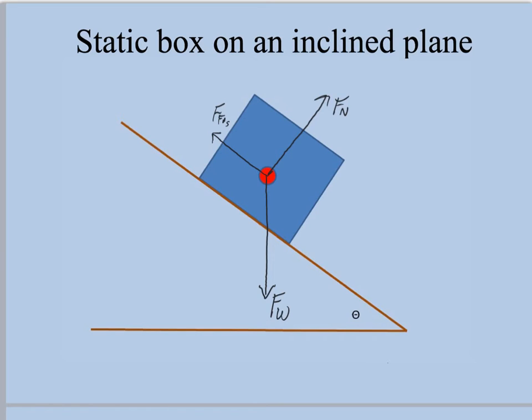Now this brings up one tiny thing that we have to deal with on inclined planes. Because the weight vector is not pulling directly down on the box relative to the surface it's sitting on, we have to consider the components of the weight vector. In other words, we have to think of the weight vector as a resultant, a combination of an x and a y component.